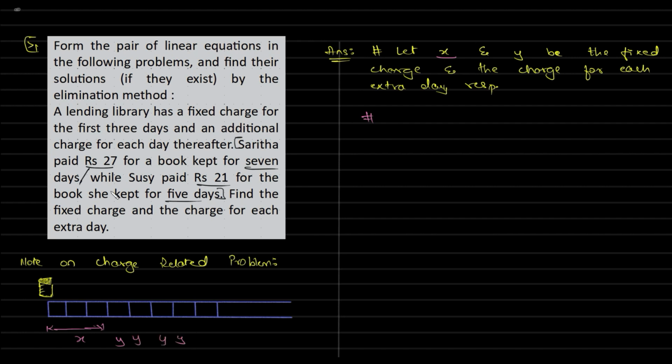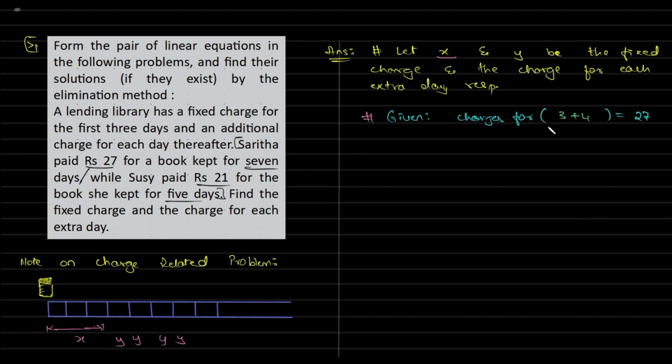Keeping this in mind, can you write the equation? It's not too hard. A person is keeping the book for 7 days and paying 27. I'll write 7 days as 3 plus 4, because for 3 days it's fixed and the next 4 days it's a different amount per day.